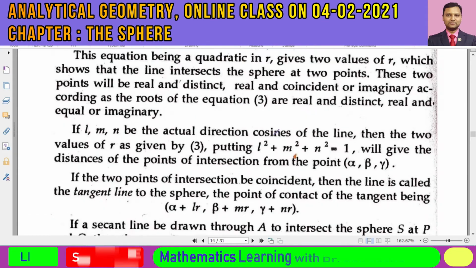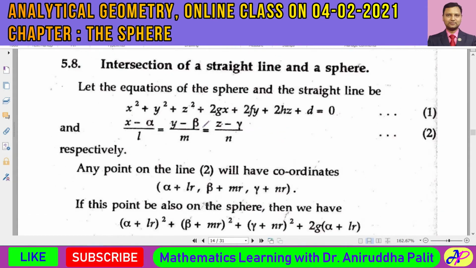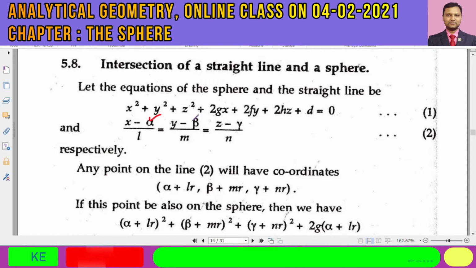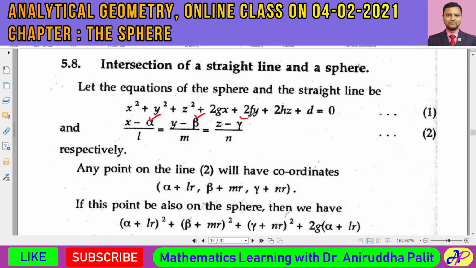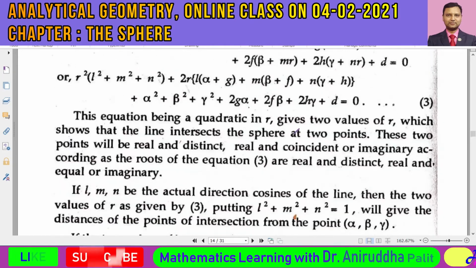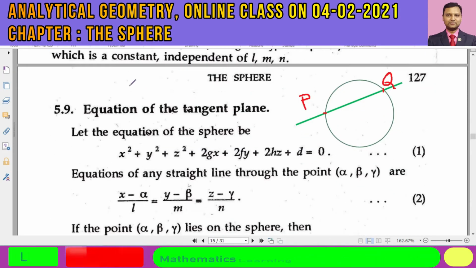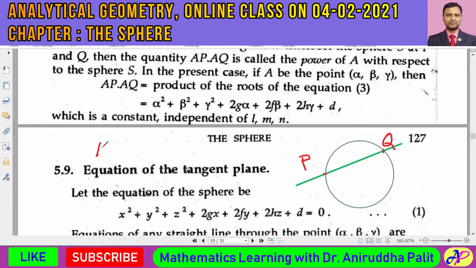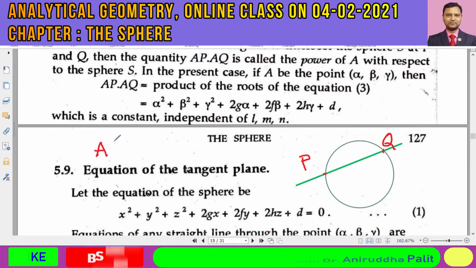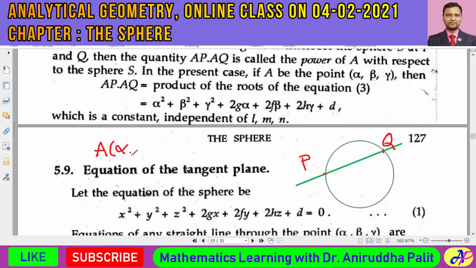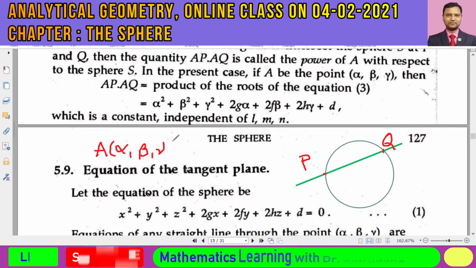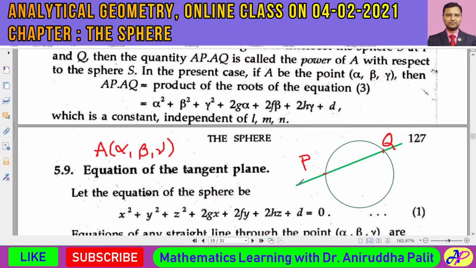And suppose the coordinates alpha, beta, gamma are the coordinates of the point capital A. Capital A has these coordinates: alpha, comma, beta, comma, gamma. That is actually a fixed point on this straight line.